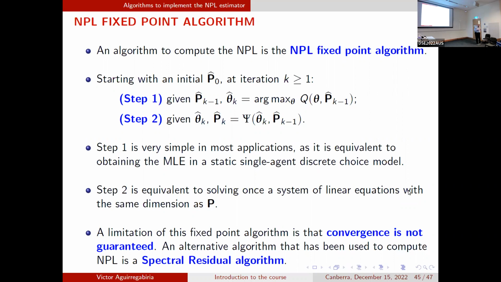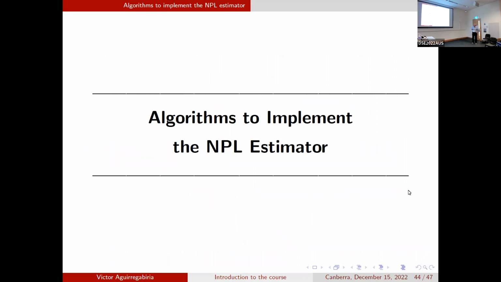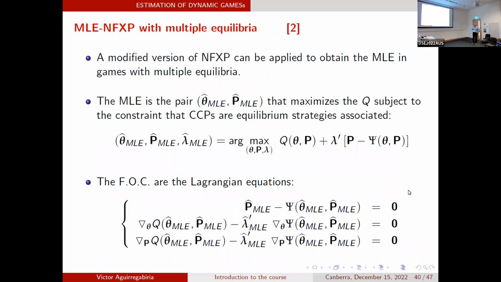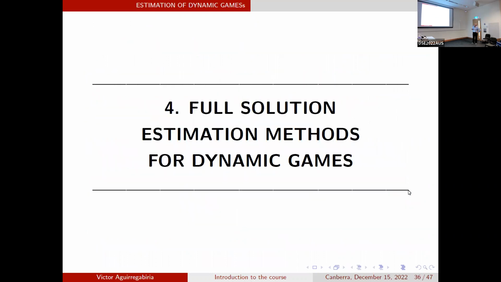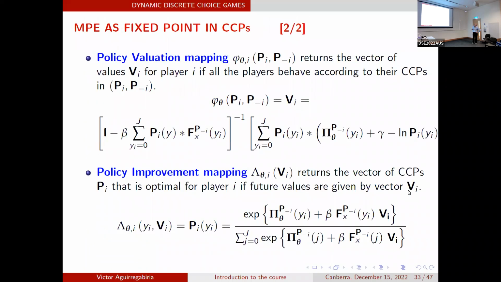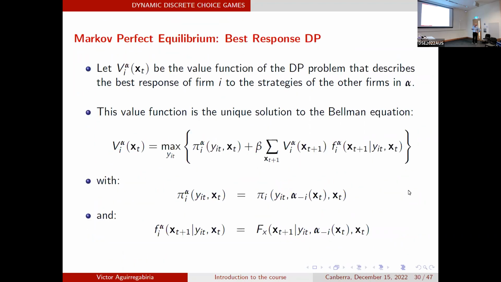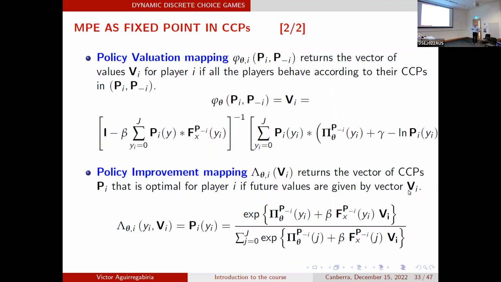No, we are making, given theta and given p, there is only one new p. Okay, let me go perhaps to the expressions of the best response function. So if I understand, the equilibrium is the fixed point P, and there's multiple P.